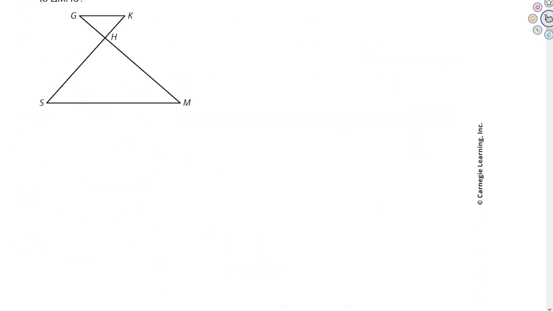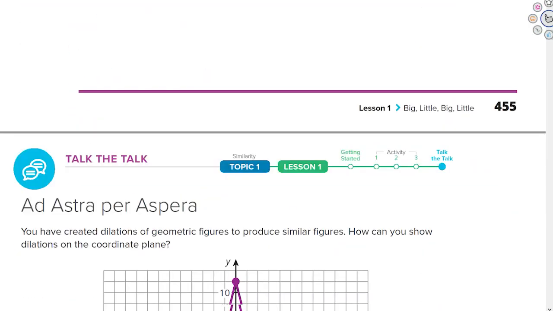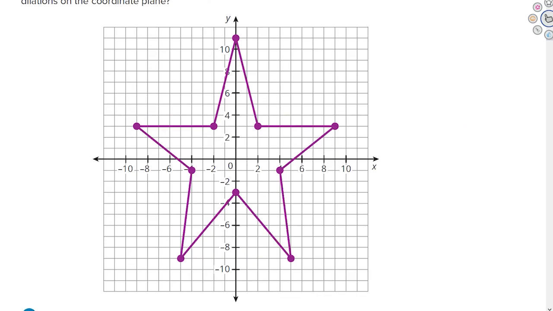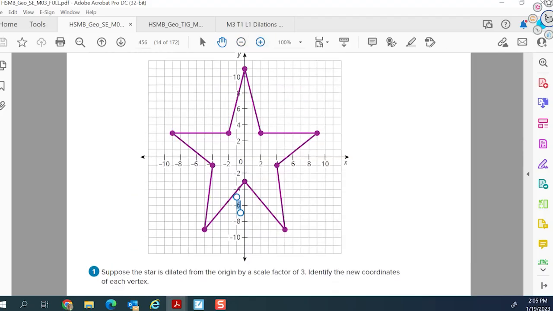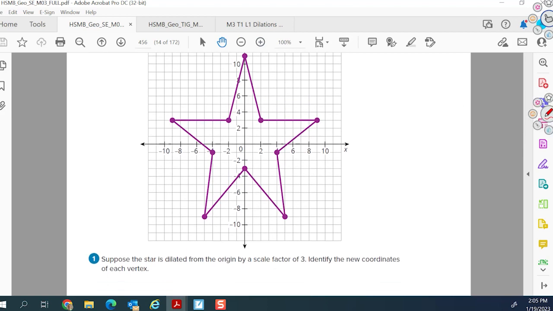Okay, the last idea I wanted to teach you has to do with this star picture. I want to show you something that happens when you dilate in the coordinate plane and the center is at the origin. This pattern only happens when the center is at the origin.